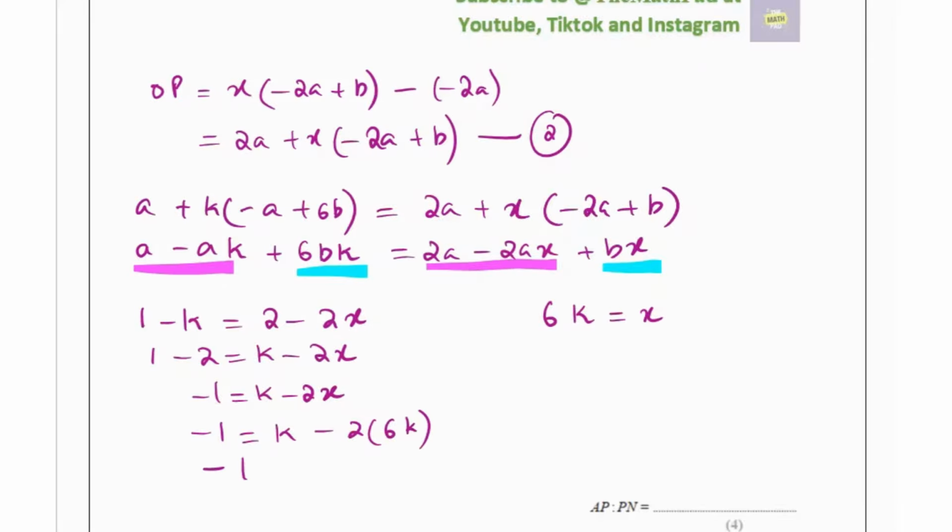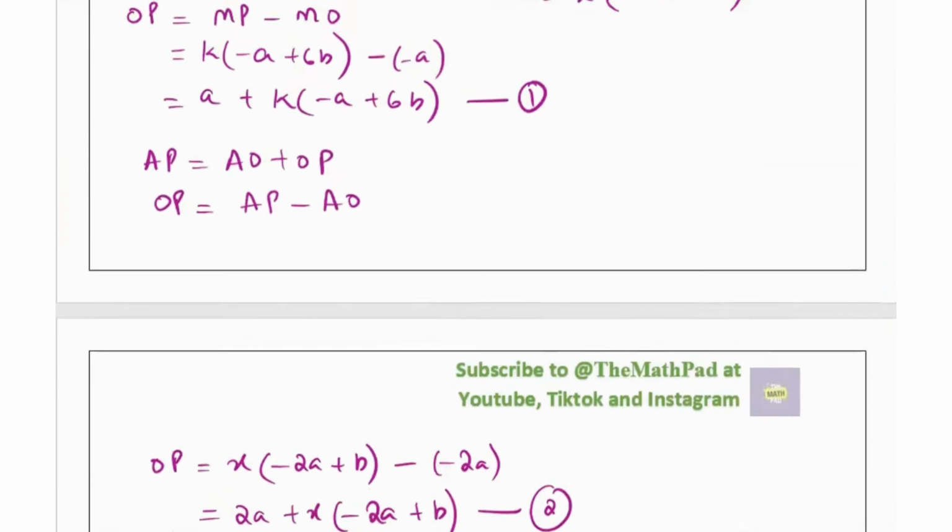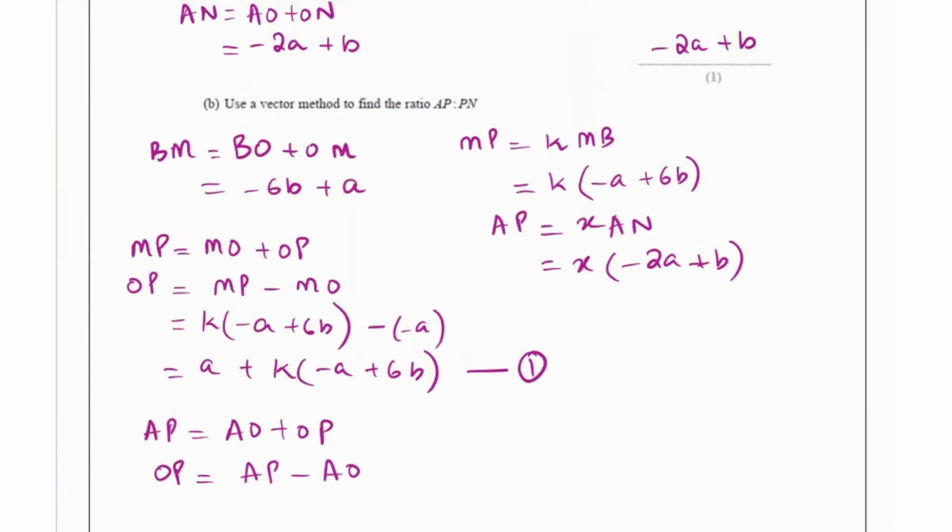Minus 1 equals K minus 12K. Minus 1 equals negative 11K. So 1 over 11 equals K. So if K equals 1 over 11, X equals 6 over 11.